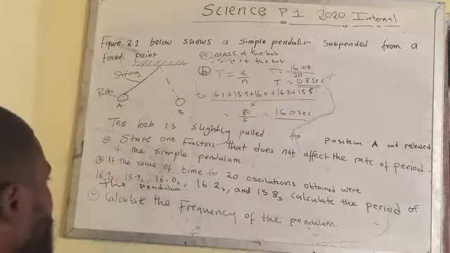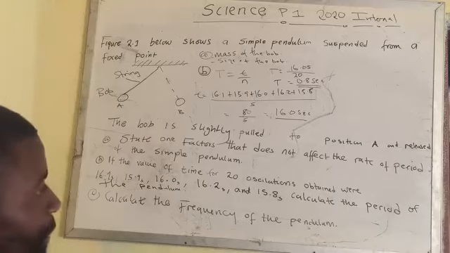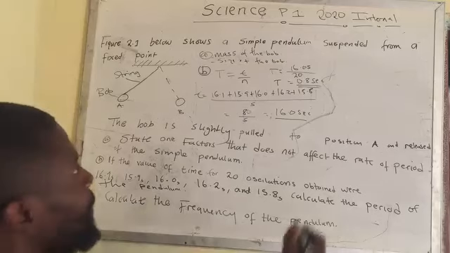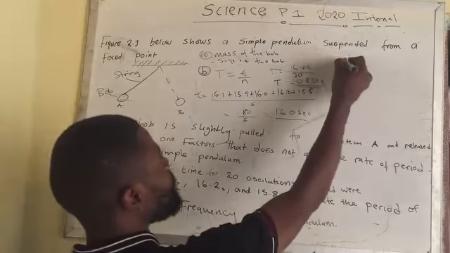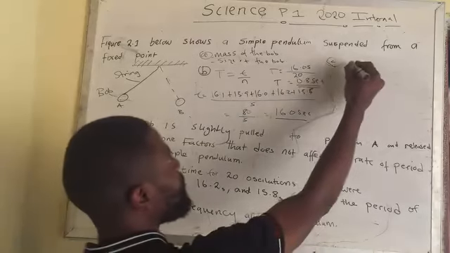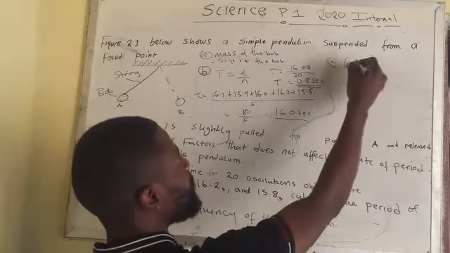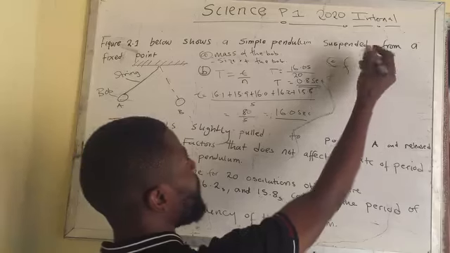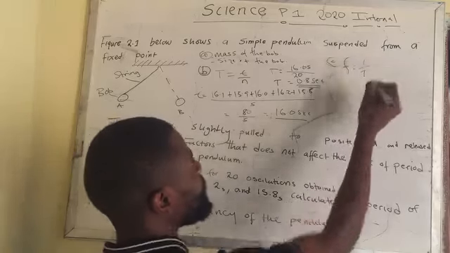Now the last question, they're saying calculate the frequency of the pendulum. There are two ways in which you can calculate the frequency. The first one, you can say frequency, which is a small letter f, equals 1 over period.